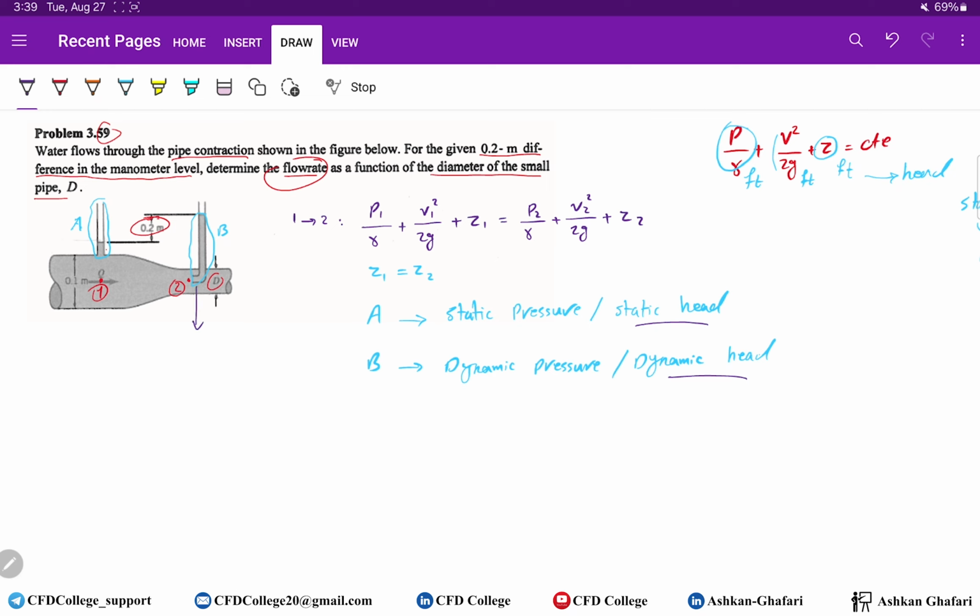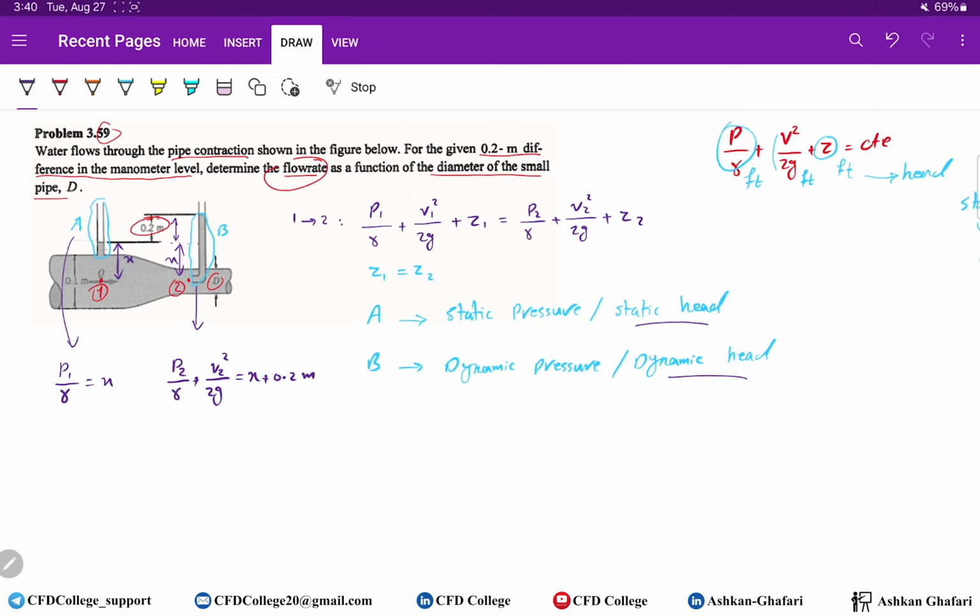So if this height is X, from A we can understand that P1 over gamma equals X, and from this manometer we can find out that P2 over gamma plus V2 square over 2g equals X plus 0.2 meters.